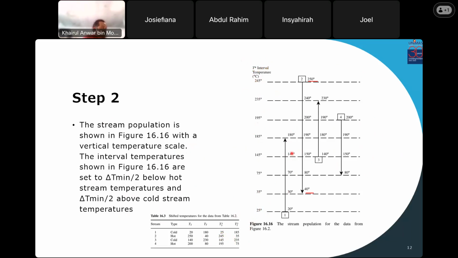The temperature next to the arrow is the actual temperature for stream 1, the temperature supply and temperature target. So stream 1 is plotted from 25 to 185. Stream 4 is from 195 to 75.